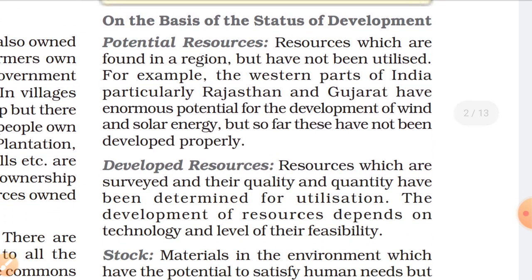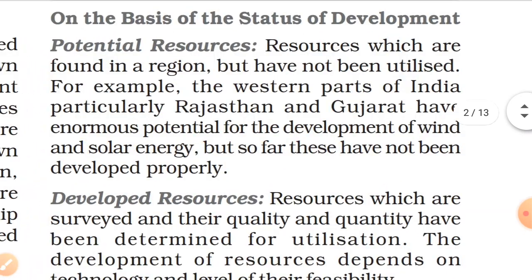Okay, now coming on to the basis of the status of development. Okay, the potential resource. Resources which are found in a region but have not been used. It is there, potential meaning it has a potential and can be used as a resource in future.